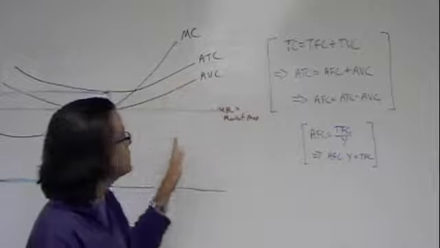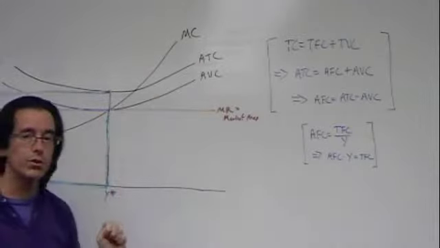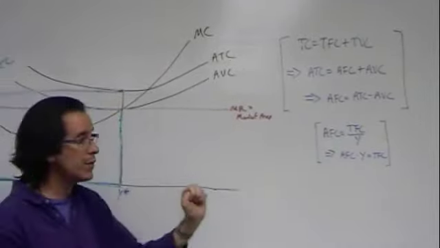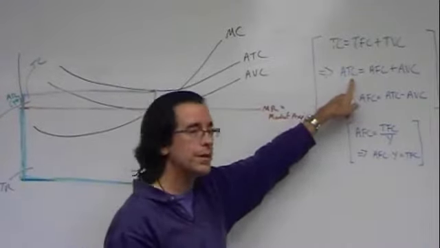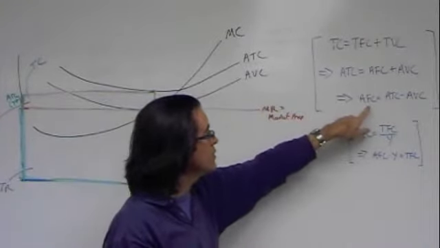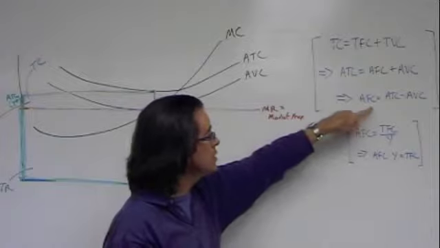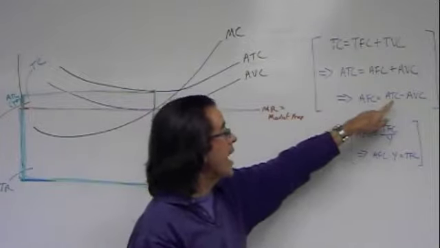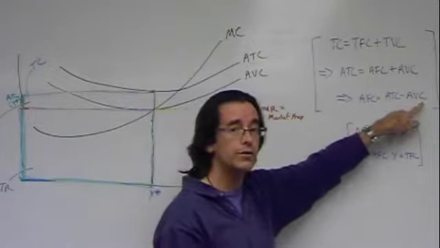And remember, on these graphs, we have an average total cost. We have an average variable cost. So if we just do a little manipulation, we can see that the average fixed cost is really just the difference between the average total cost and the average variable cost.